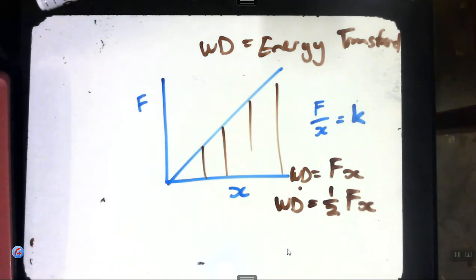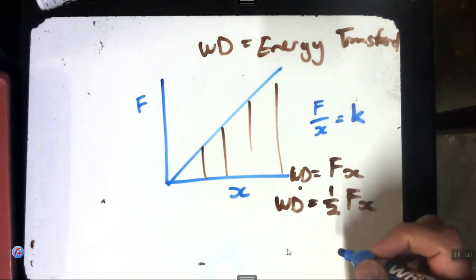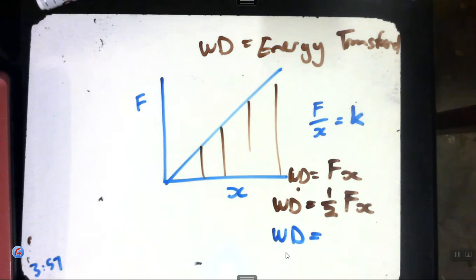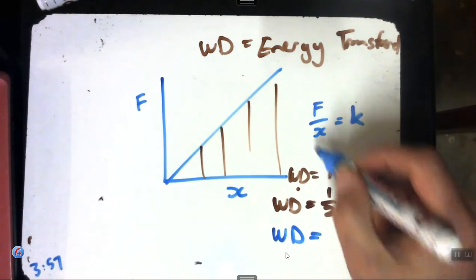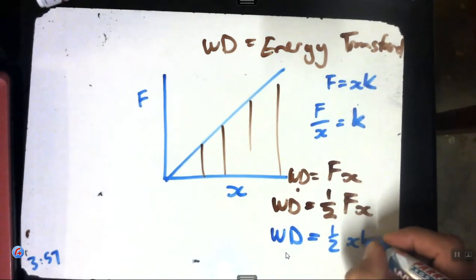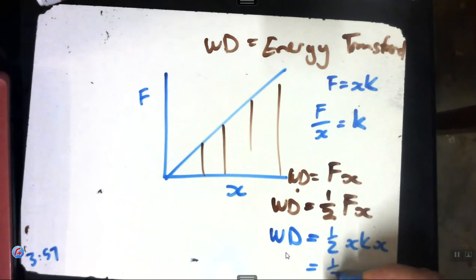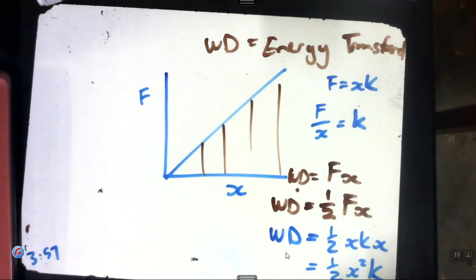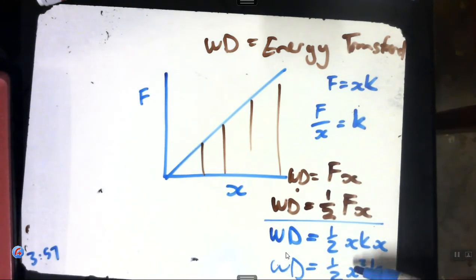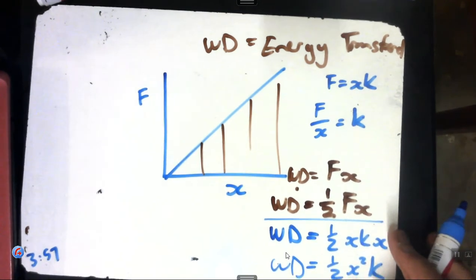Or if we substitute in, let's say we have the spring constant and we have the extension, but we don't have the force, if we substitute F equals kx in there, we're going to get that the work done is equal to half kx times x, which is going to give me half x squared times k. So two ways to calculate the work done: if we've got the force and the extension, or if we've got the spring constant and the extension.